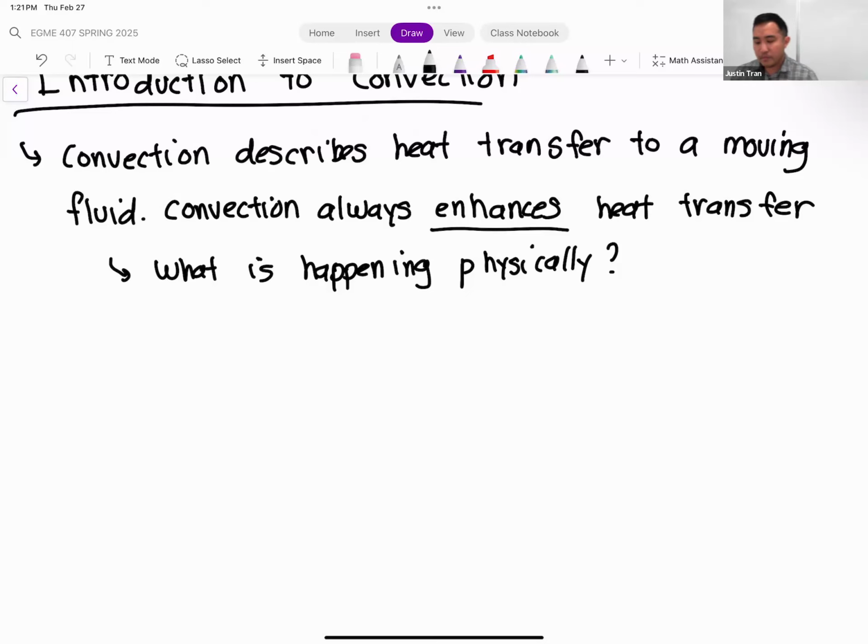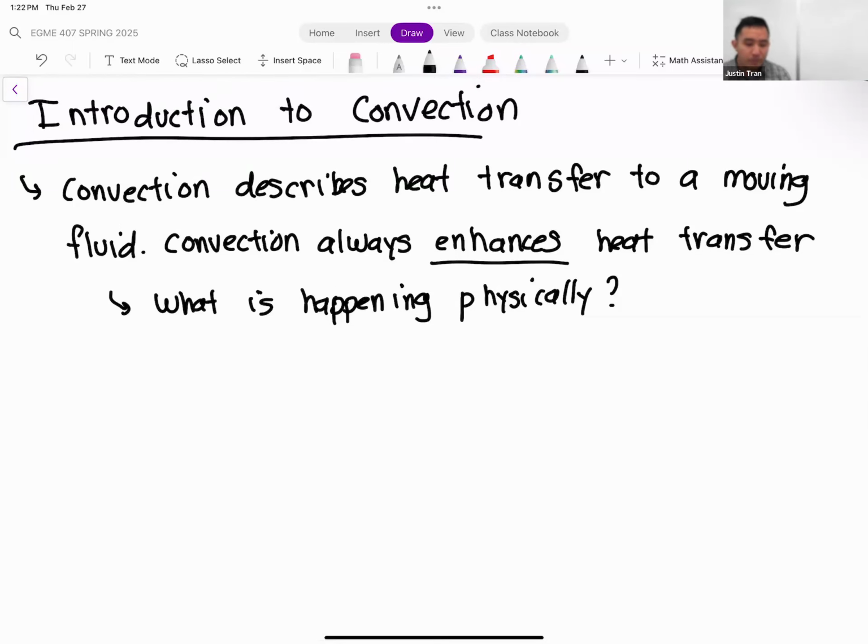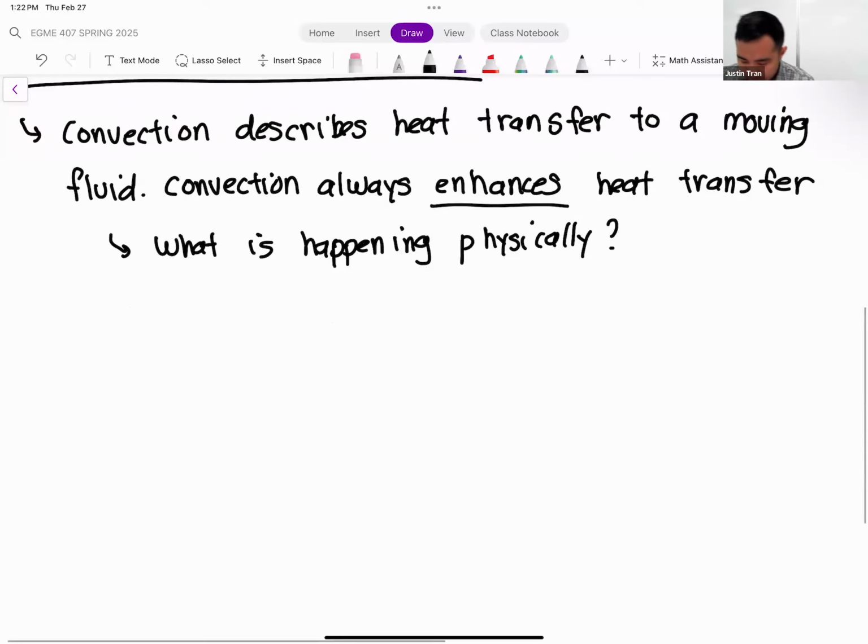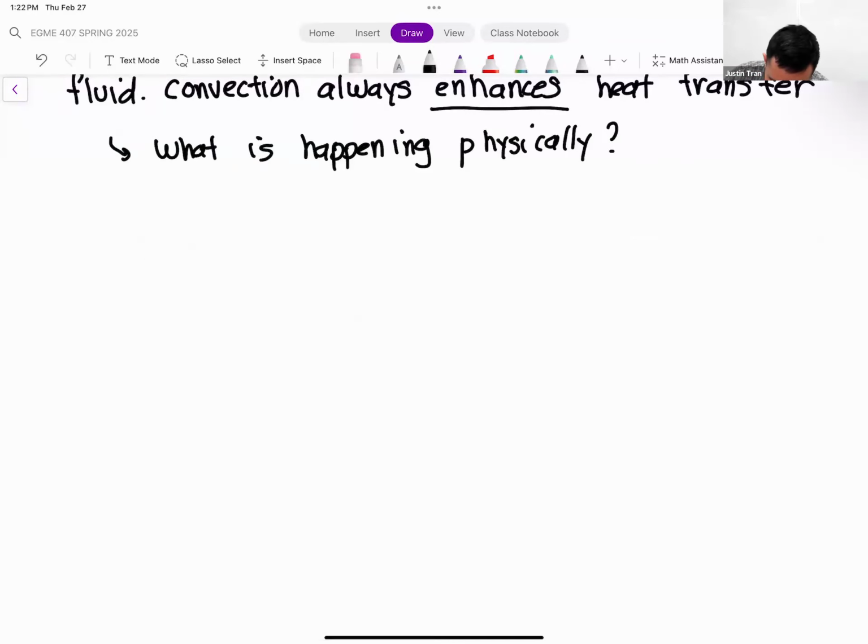And in some sense, those people aren't wrong, because there's nothing magic happening with convection. What we perceive and understand as convection is really just conduction with some bulk transport. Okay. So let me illustrate this.